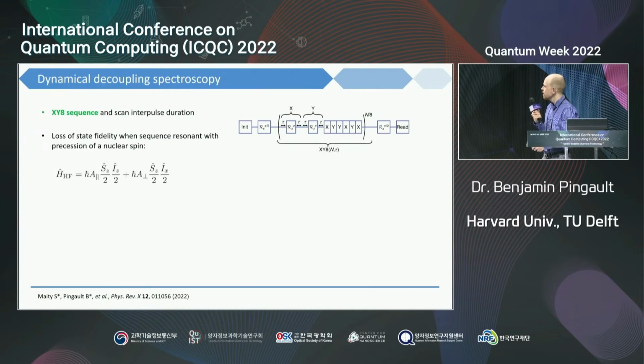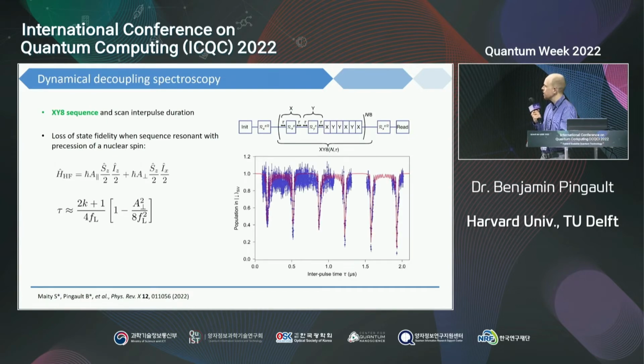What happens is that when the pi pulses are synchronous with the precession of one of the nuclear spins, instead of rephasing the coherence of the electronic spin, you actually have a buildup of dephasing due to this coherent interaction with the nuclear spin. So you're flipping your spin in sync with the precession of a given nuclear spin, and so you lose the coherence of the electron spin in favor of the nuclear spin.